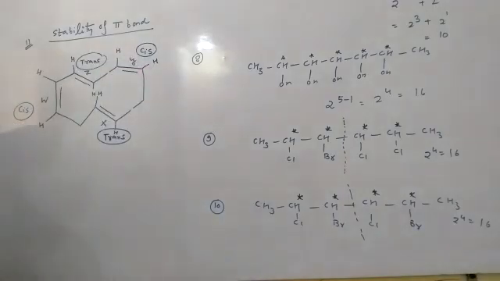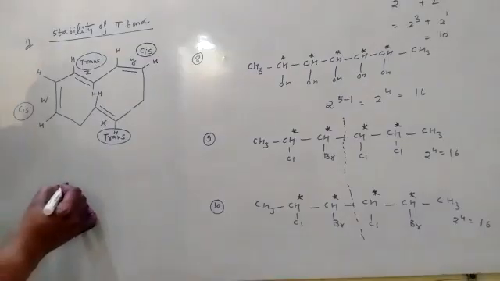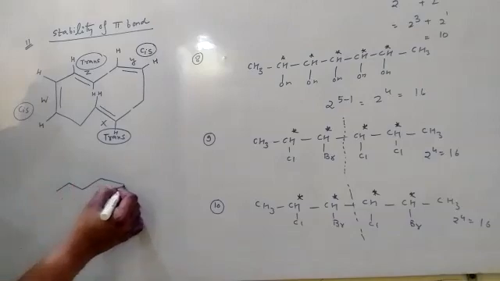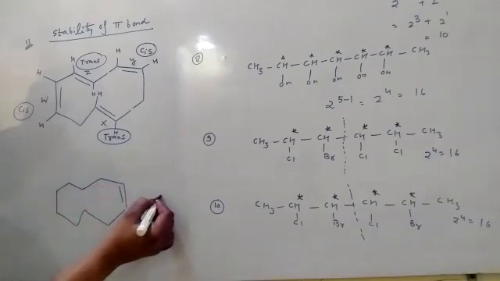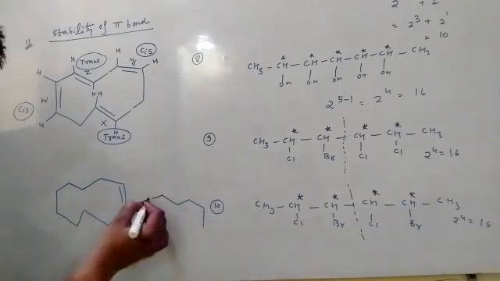Is this okay? Yes, sir. Yes or no? Because in a 10-membered alkene, there are two isomers.